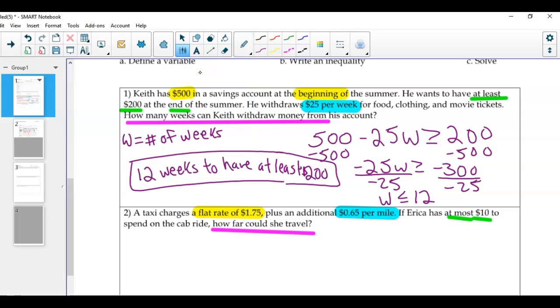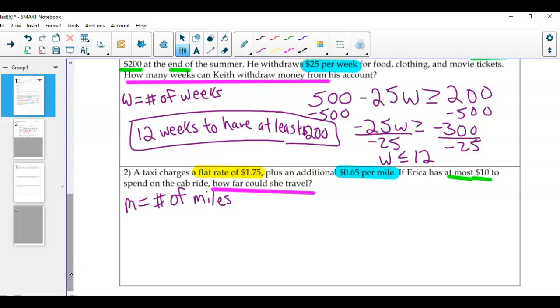For the variable, I'm going to say M for mile. We don't know how many miles she could ride, so this is going to be the number of miles. Putting this together, when she gets in the cab, she's going to be charged the $1.75, and it actually says plus in here.